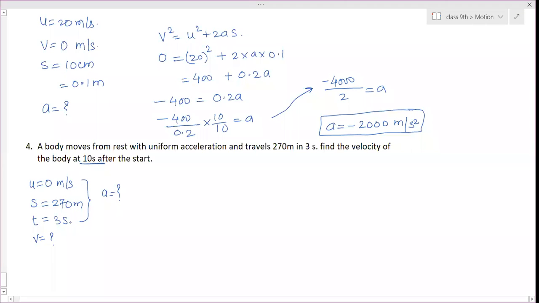Okay, 3 seconds is given for the acceleration part. So what is the acceleration? We have to calculate acceleration by using second equation of motion.